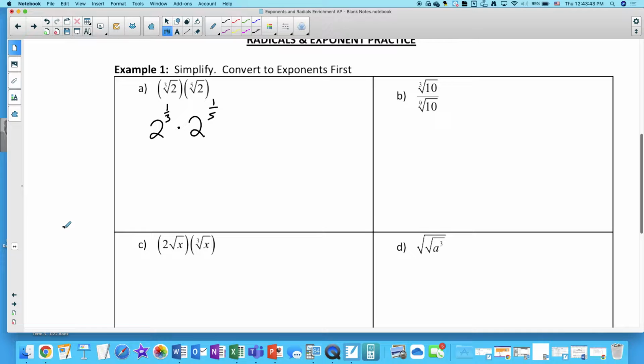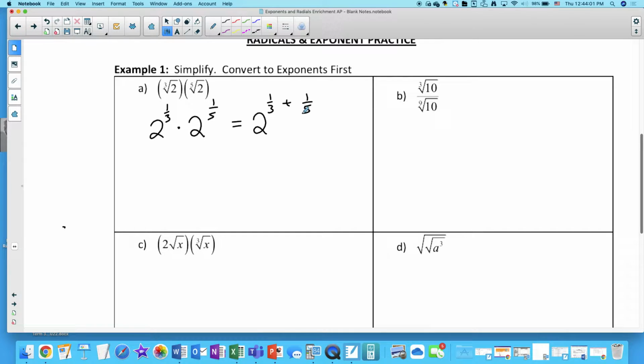Well, this I can do something with because now I'm multiplying two powers with the same base. And when I multiply two powers with the same base, I add the exponents. So this is going to be 2 to the 1/3 plus 1/5.